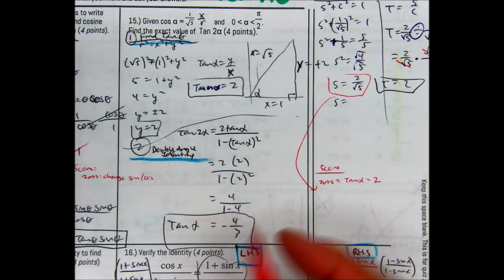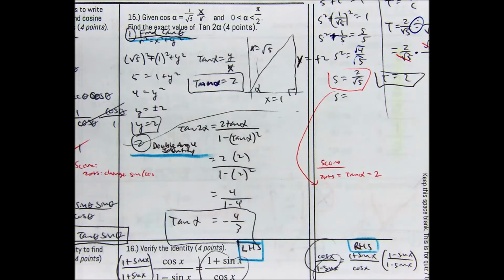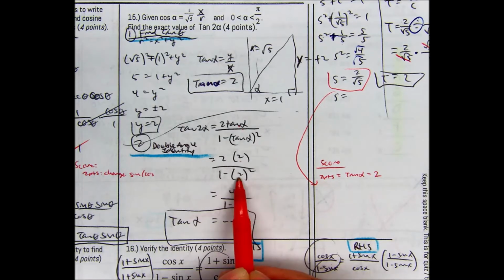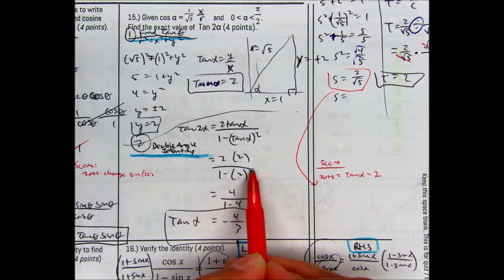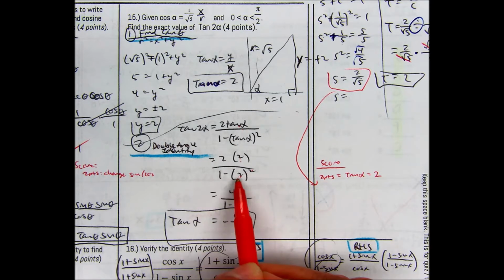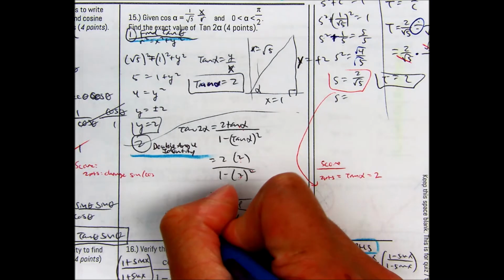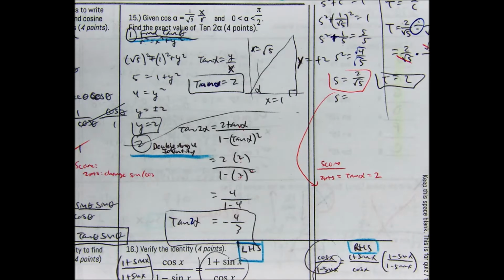If you wrote down the formula for the double angle identity of tangent, then I at least gave you 2 points. Substitute in tangent to be 2. This becomes 2 times 2, which is 4. Here you have 2 squared, which is 4, then 1 minus 4 is negative 3. So tangent of 2 alpha equals negative 4/3.